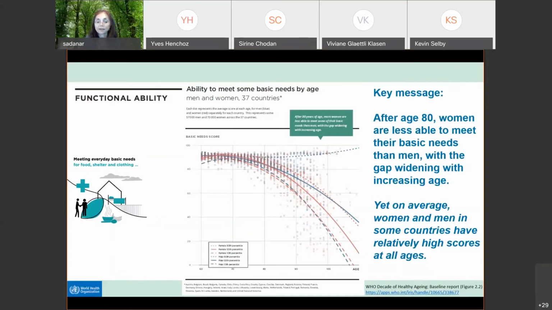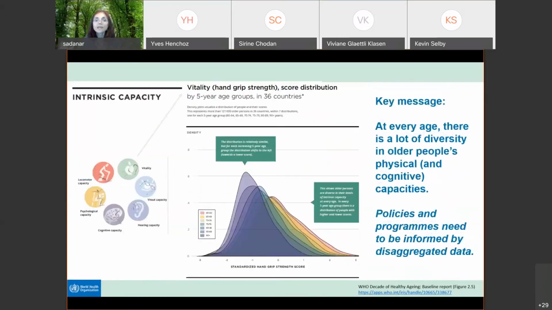So if I turn to just one example from Intrinsic Capacity, where we had data from one domain, vitality, we used hand grip strength, which I think many of you are familiar with.